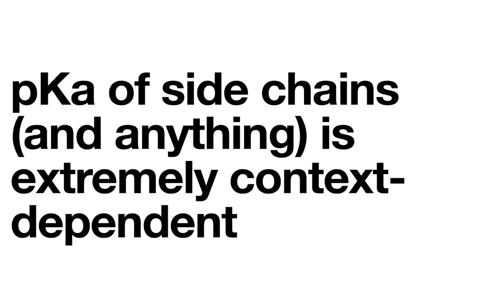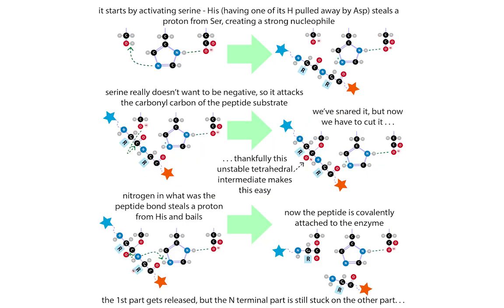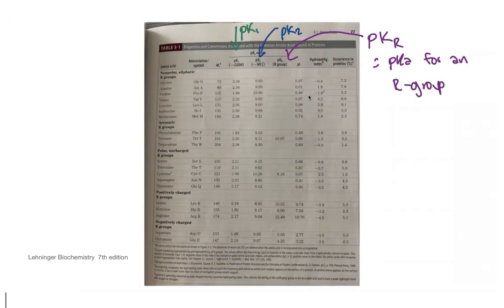Note too that in the context of a protein, the pKr can be totally skewed, as well as the pKa values for the ends. So context really matters, and we'll see how things around the amino acid can greatly influence the pKr or the pKa. But looking at these tables can be helpful to get a sense.